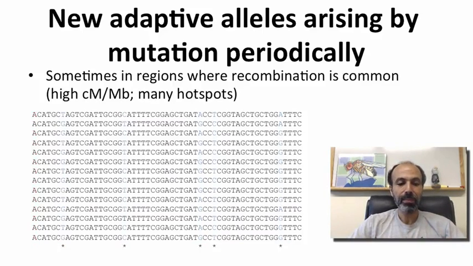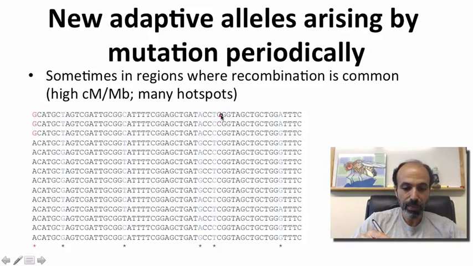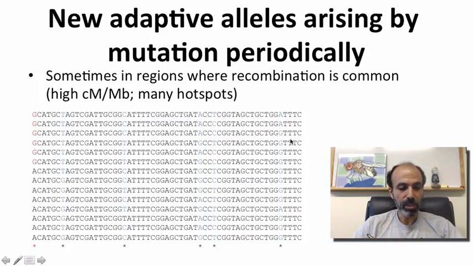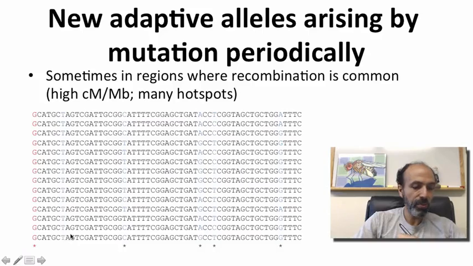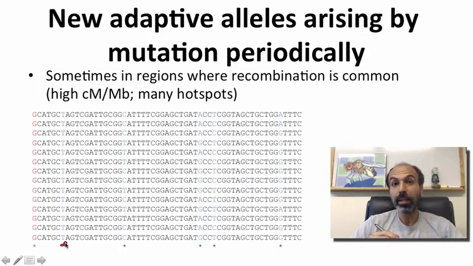Now let's try this again in a region where recombination is very common, where you might have high centimorgans per megabase. Well, here's that adaptive variant again. We still have 5 other variable sites with neutral variation. Well, as it spreads in this case, you see we've already had some recombination out near the ends, right? Well, as it continues to spread, we've lost variation very close to the selected site, right?